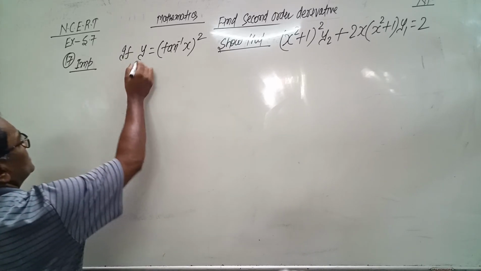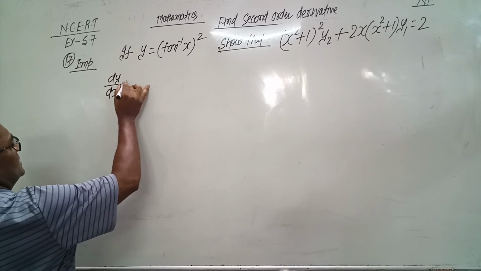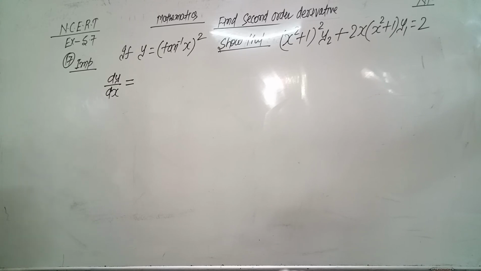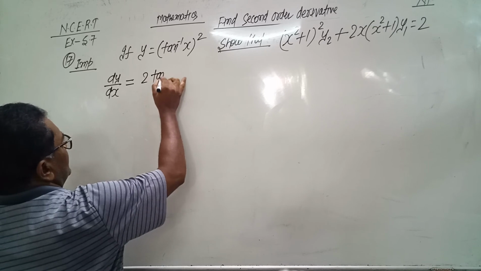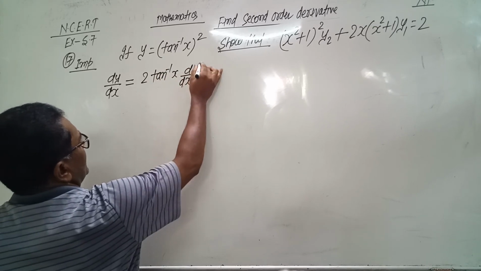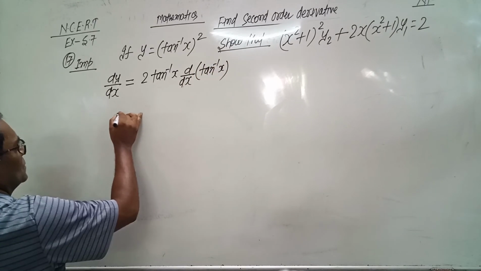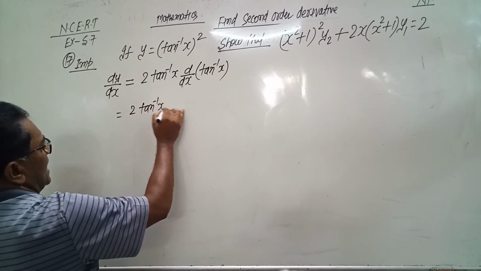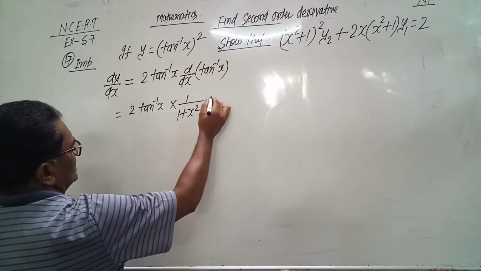So differentiate this, dy by dx. Firstly, this will be differentiated using the formula for x raised to the power n. So the power 2 comes before, 2 tan inverse x, then drop the square and differentiate tan inverse x. Differentiation of tan inverse x is 1 by 1 plus x square.